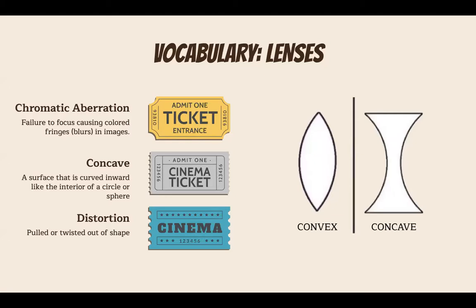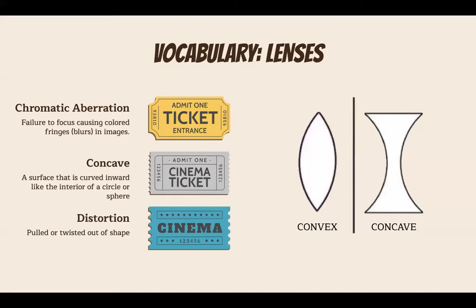A chromatic aberration is also caused by that light passing through the lens, but it deals with color. Chromatic is color. And what happens is color has different light wavelengths. So a red wave is longer than a green wave, which is longer than a blue wave.